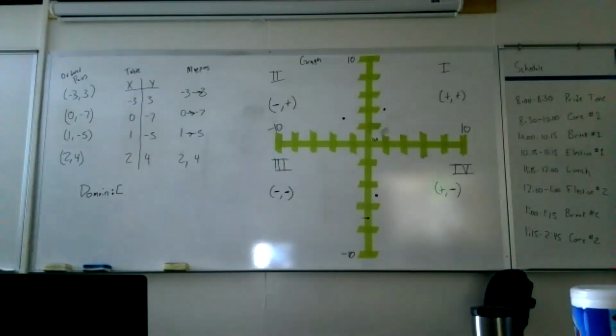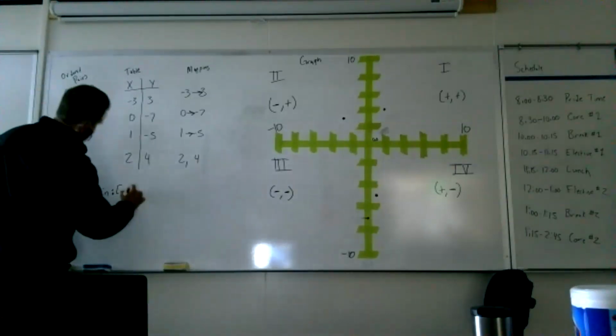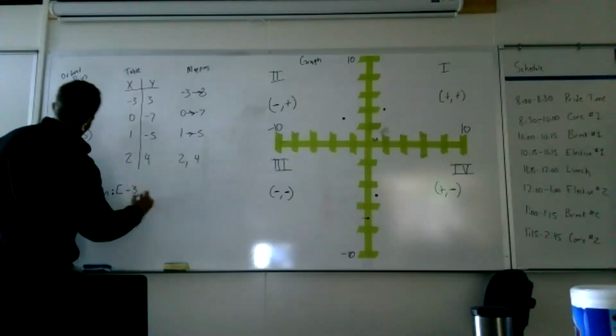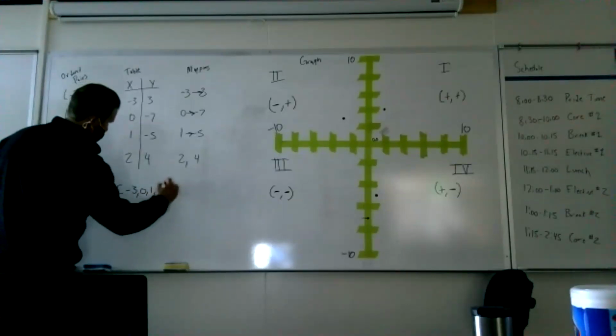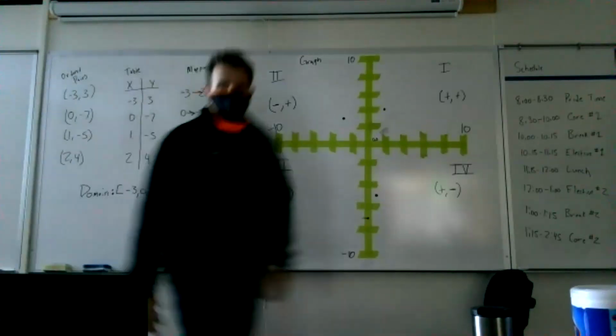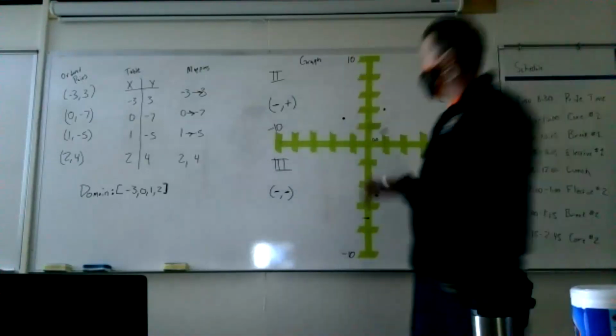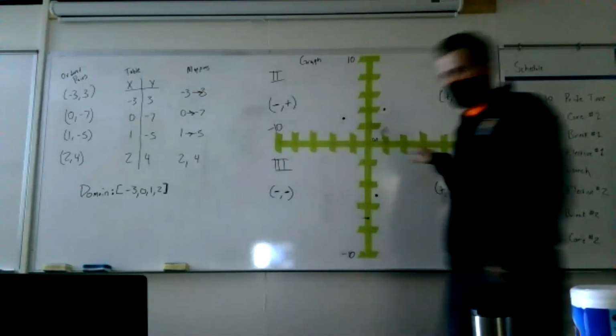So to answer the question of what is the domain of the relation, we put -3, 0, 1, and 2, and then close it off with a bracket. Okay, and the key thing to remember is that domain talks about your x values. It's what moves horizontally in the xy plane.